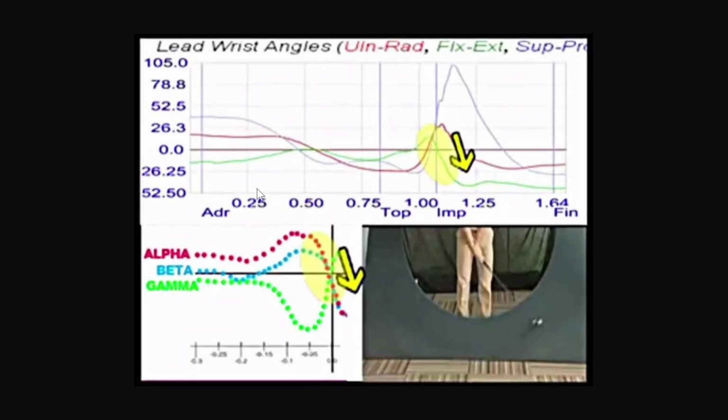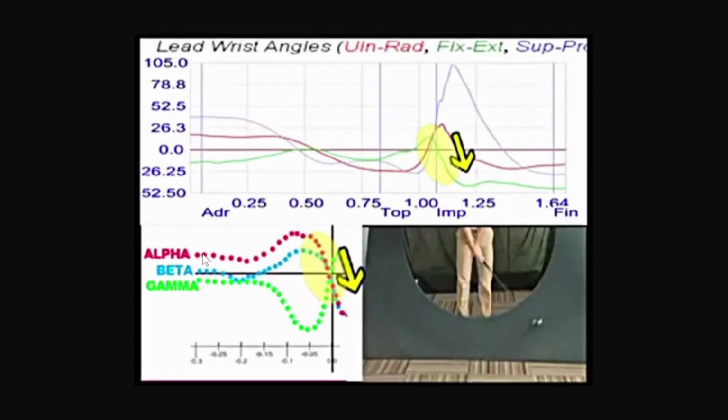Now, what we have here in the top graph are wrist angles, and the green graph represents the trail wrist. And the trail wrist during the downswing becomes flexed, and then through impact, and this vertical line represents impact, it moves from being flexed to becoming rapidly extended in this swing action.